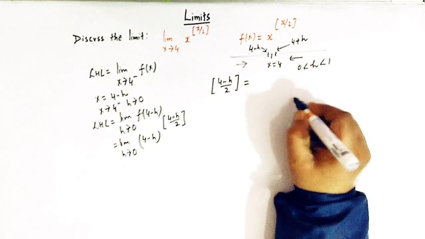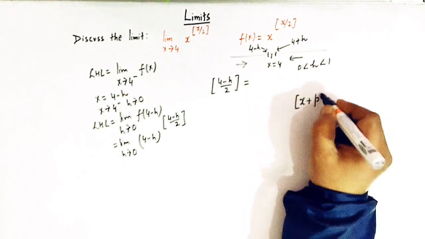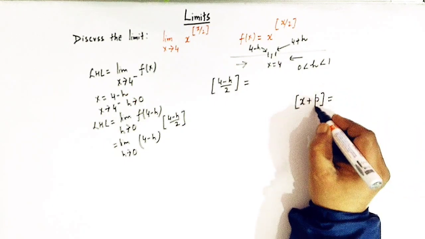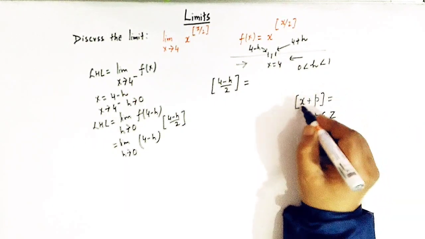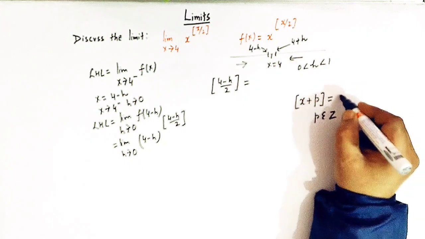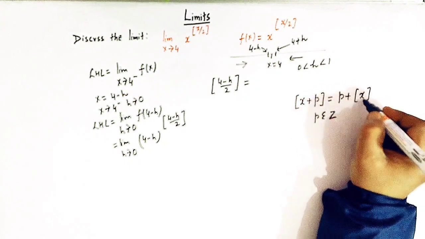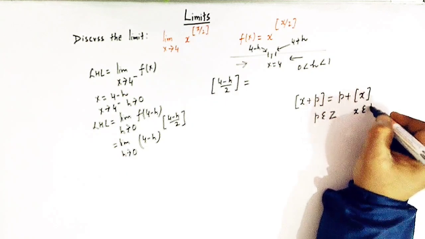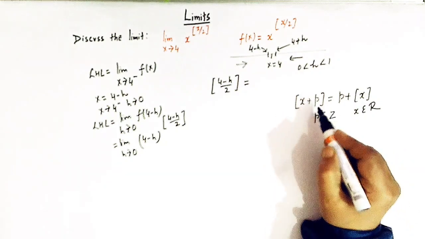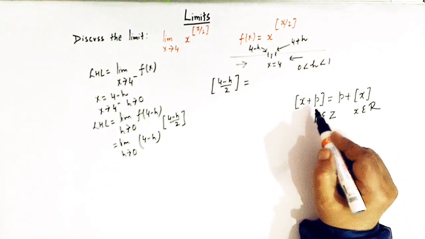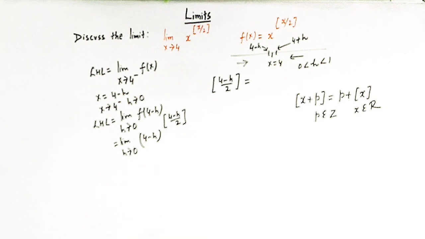And the property goes like this: if we have greatest integer of x plus p, where this p is an integer, then greatest integer of x plus p can be written as p plus greatest integer of x, where x is some real number, right? So this is an important property of greatest integer function, which is very useful in solving many problems.